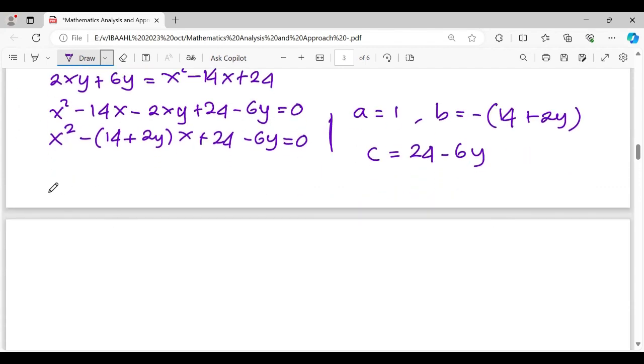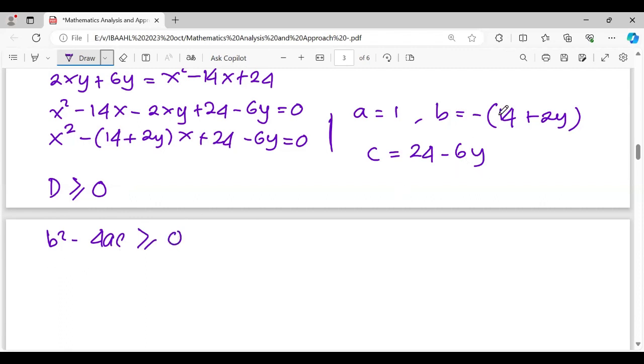And we're going to find that the discriminant D is greater than or equal to 0, because we are going to find a range. It means the discriminant should be greater than or equal to 0, so b squared minus 4ac is greater than or equal to 0.